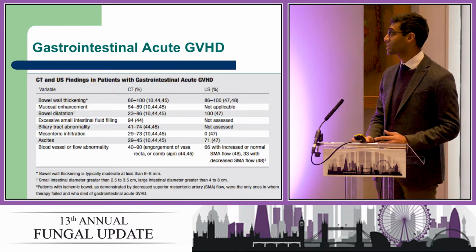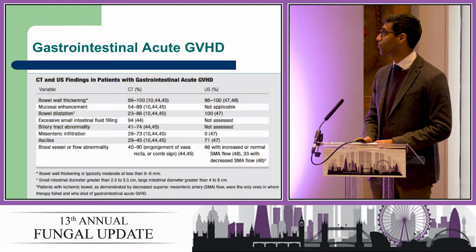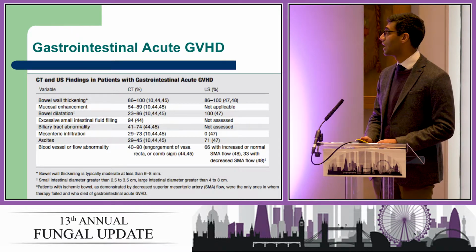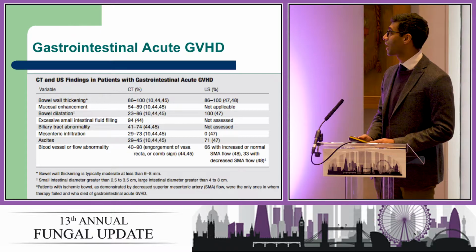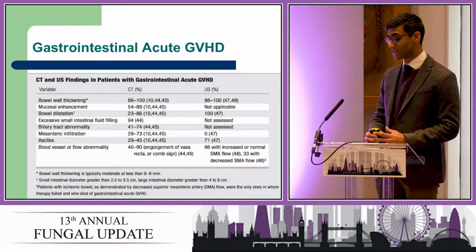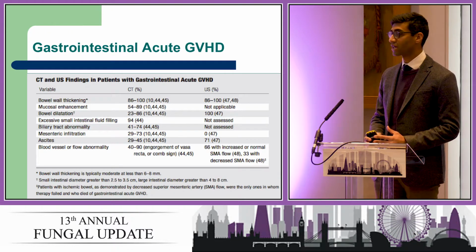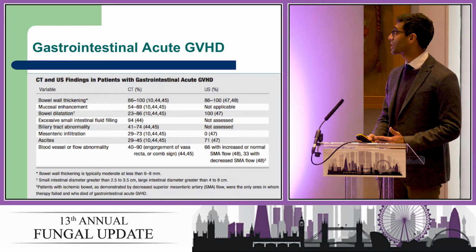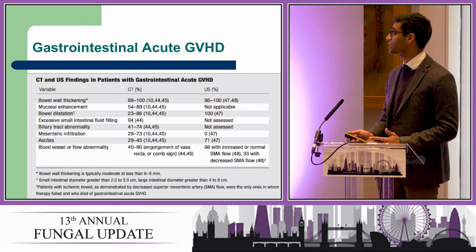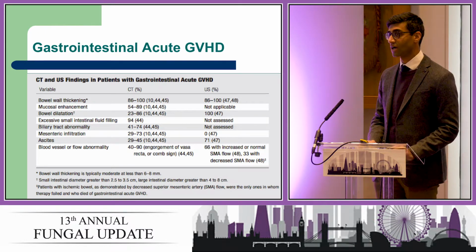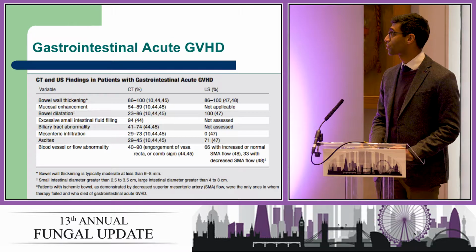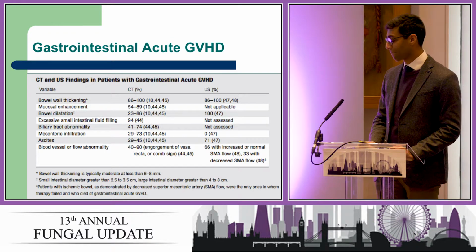And adjacent to those segments of thickened bowel, you will often see mucosal enhancement, as well as excessive small intestinal fluid filling. So essentially dilated loops of small bowel that are fluid filled. If you see that, then in 94% of cases on CT, they're likely to have gastrointestinal graft versus host disease.